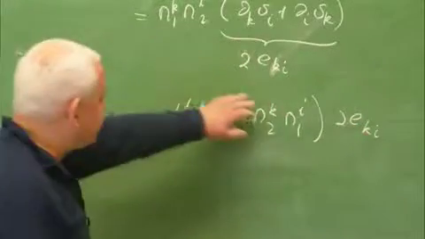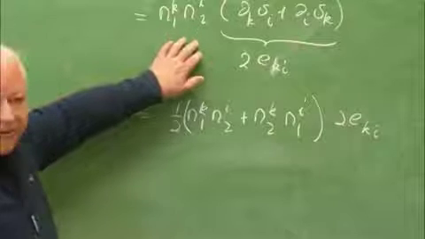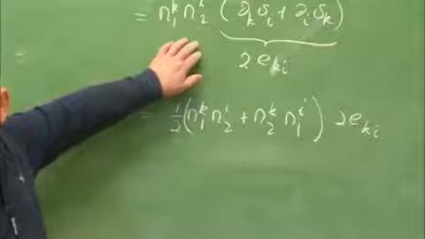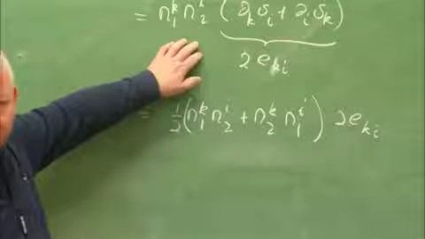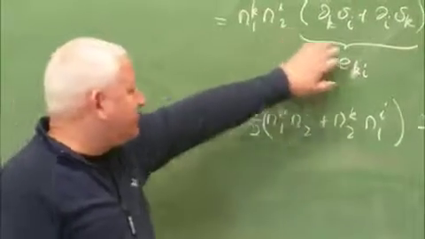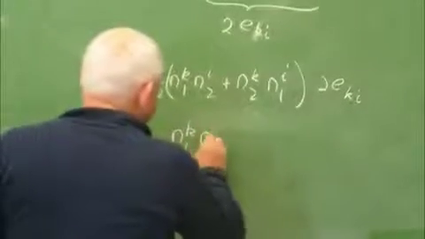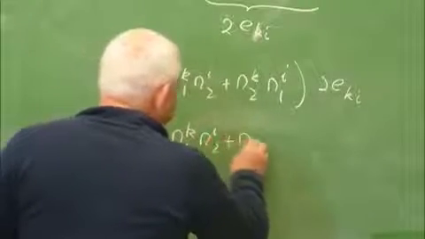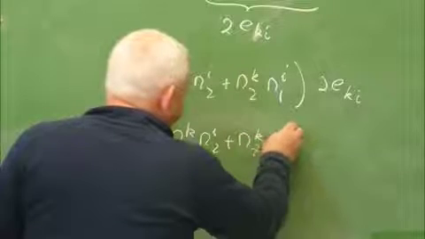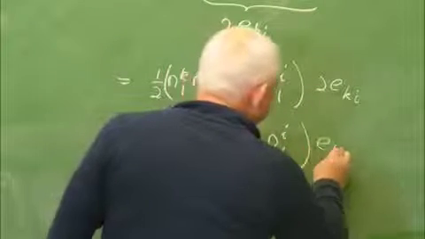The reason for that is that eki is symmetric, and so the antisymmetric part of this tensor n1 n2 will, when summed over a symmetric tensor, die. And so this gives you the symmetric part of n1k n2i plus n2k n1i times eki.